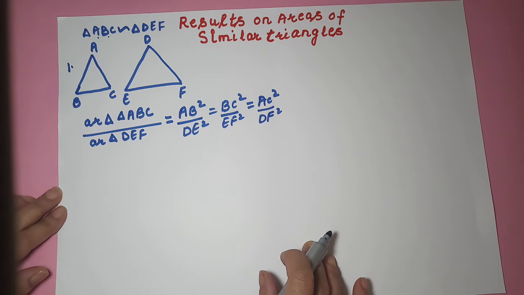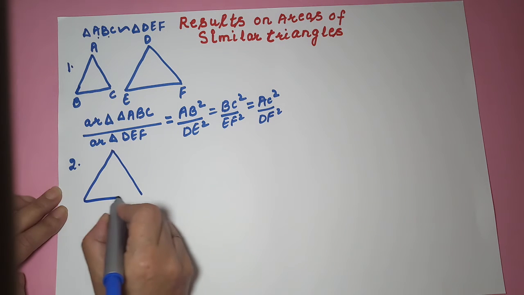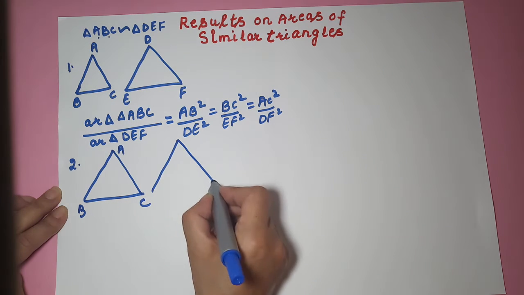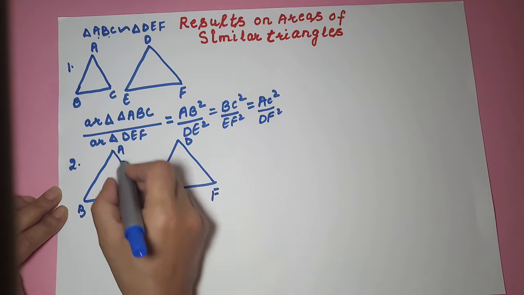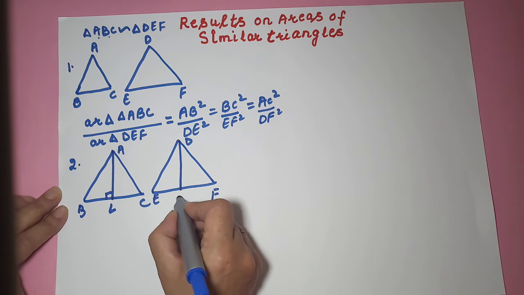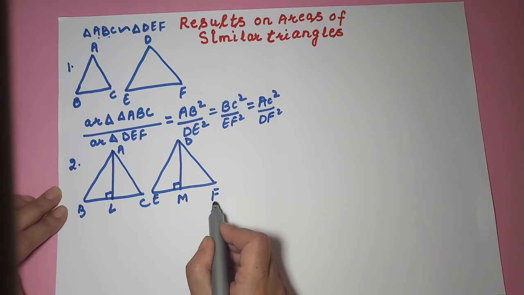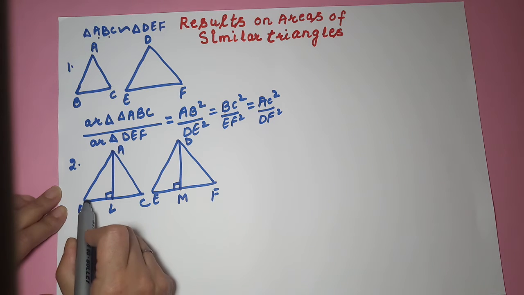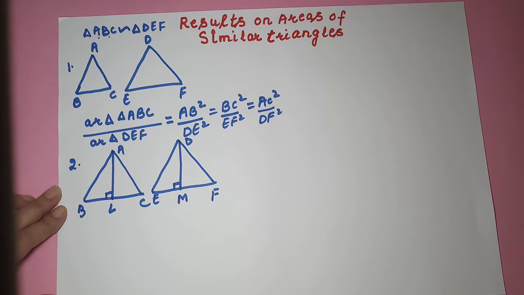Now, theorem number 2 states, again, if you have two similar triangles, this is triangle ABC and this is triangle DEF, and if AL and DM are the altitudes to the sides BC and EF respectively, then the areas of these similar triangles are proportional to the squares of their corresponding altitudes.